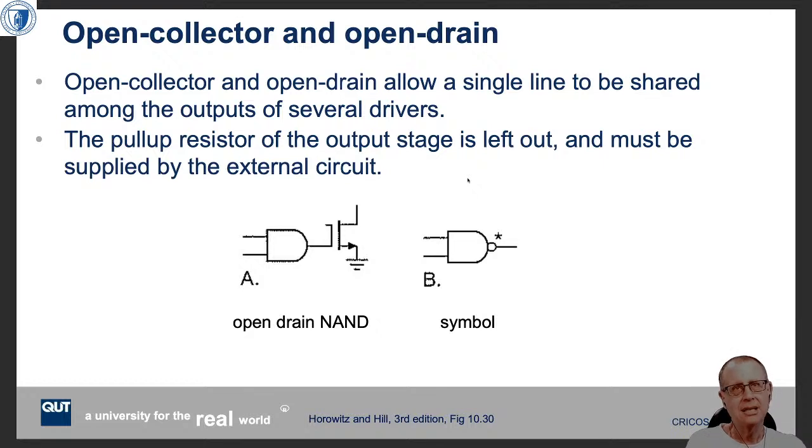The nice thing about open collector or open drain devices is that you can connect an external resistor and allow that output to drive a lot more current than a standard device.